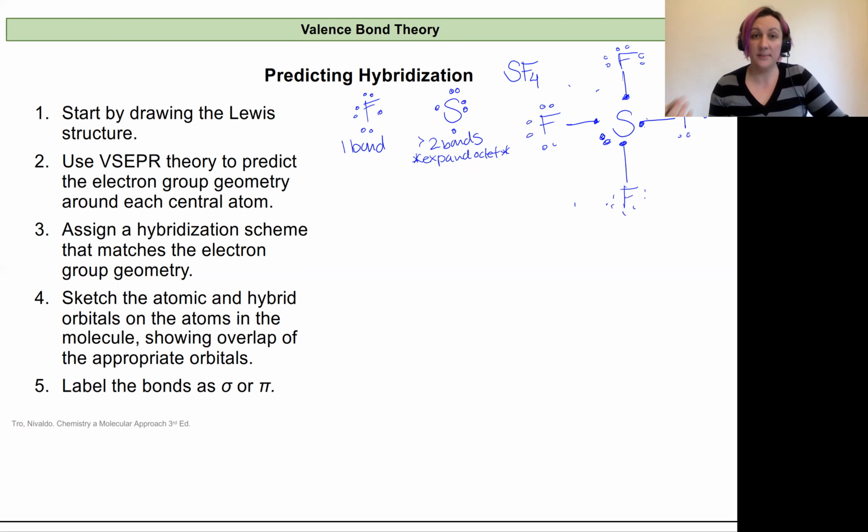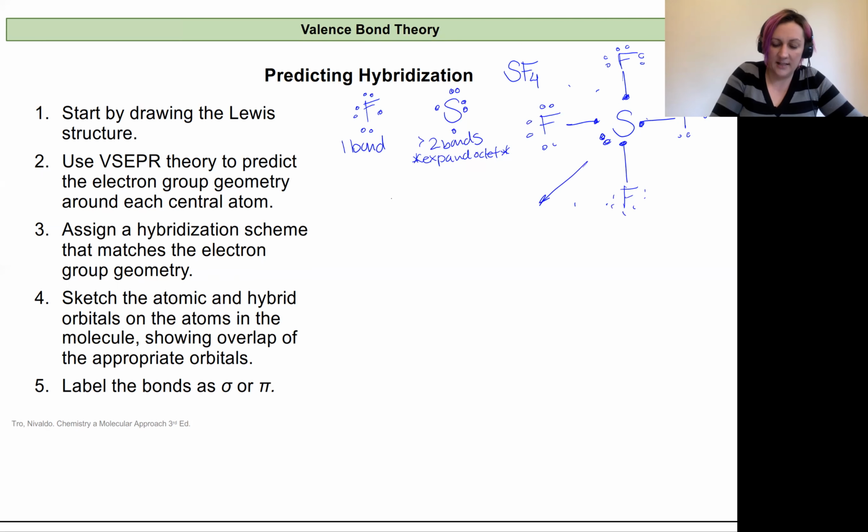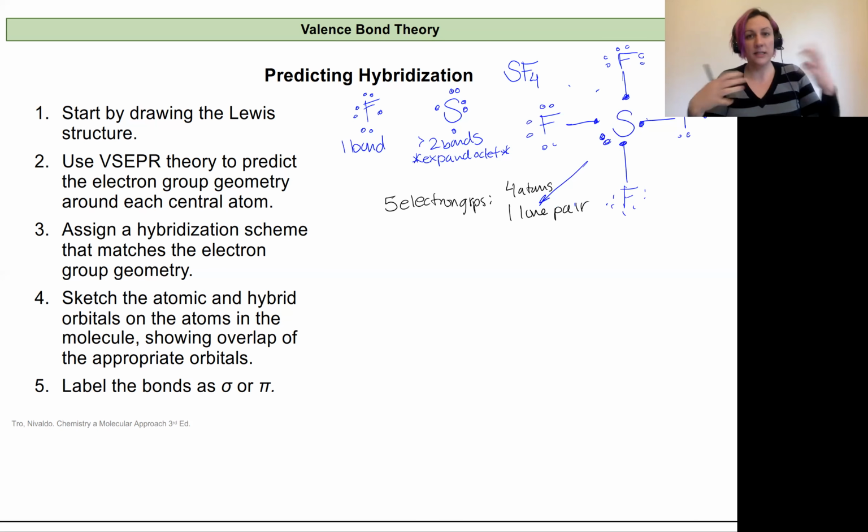So now I'm going to use VSEPR theory to predict the electron group geometry around that central atom. This has 5 electron groups. It has 4 atoms bonded, and it has 1 lone pair. I'm going to go to all my different geometries that exist for 5 electron groups, and they all arrange themselves around that central atom so that there are 90-degree and 120-degree angles in that trigonal bipyramidal structure.